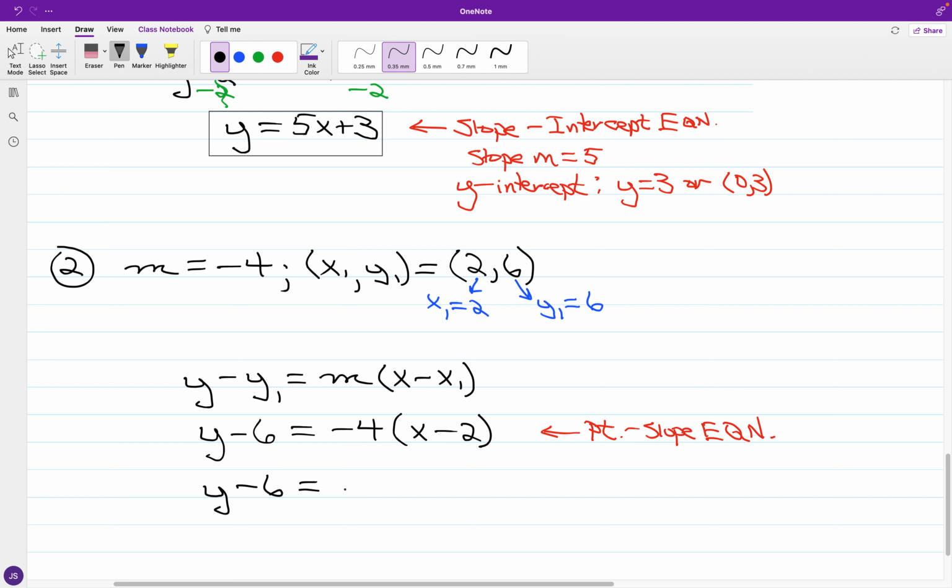So I can distribute -4 over the quantity of x minus 2. So we have y minus 6 is equal to -4x plus 8.